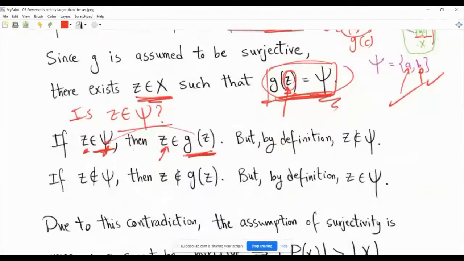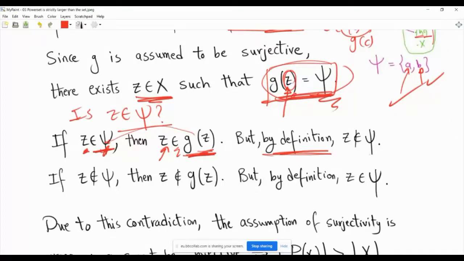So if Z belongs to G of Z, you should not include it in psi. By the way in which we have constructed psi, Z should not be there because it is in G of Z.